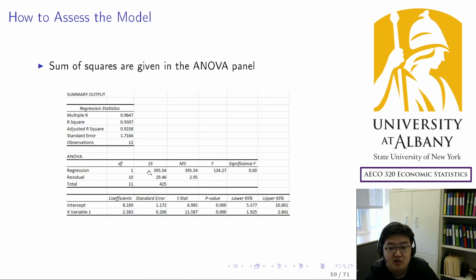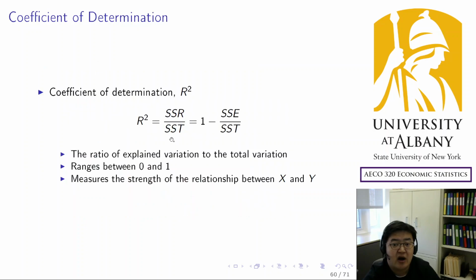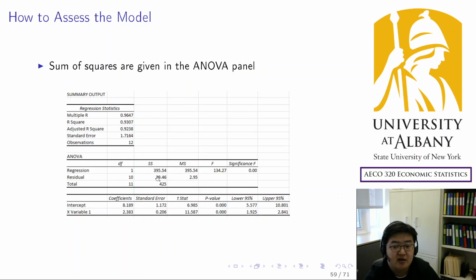I showed you these three numbers are sums of squares. Now you can calculate the proportion of explained parts and the proportion of unexplained parts. If 100% is the total variation, 425, out of that you explained a huge amount.